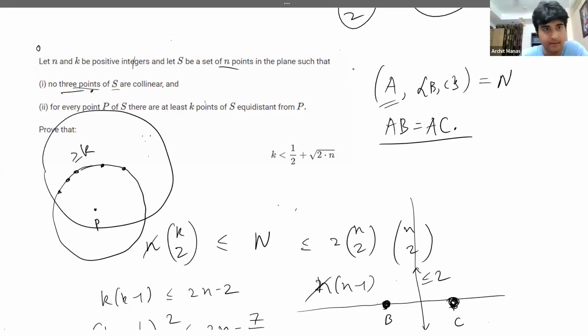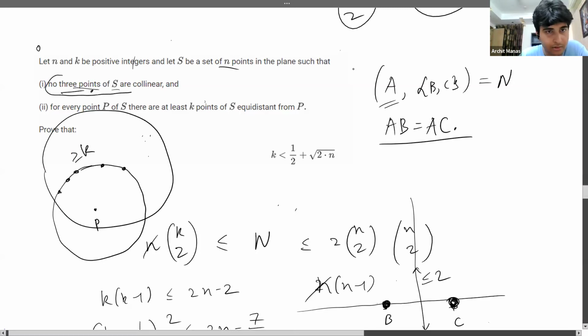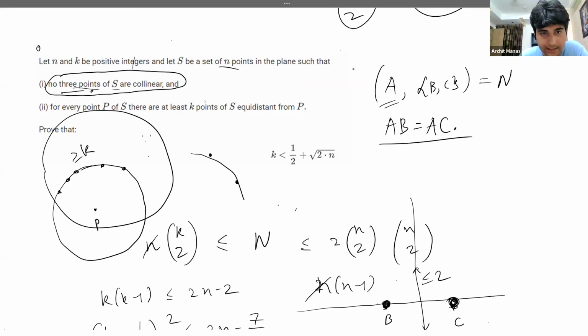And then the idea is that because this is true, some 2 points cannot lie on too many circles together, right?